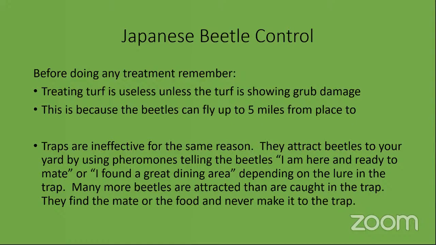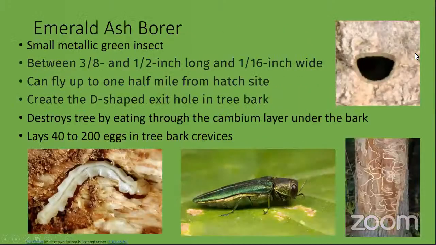They've done studies that more beetles are attracted to your yard than are actually caught in the trap. Like I said, they get waylaid on the way to the trap and never make it to the trap. So unfortunately, there's not really good news about Japanese beetles and easy solutions to control. And this is true for most of the things we're talking about tonight.